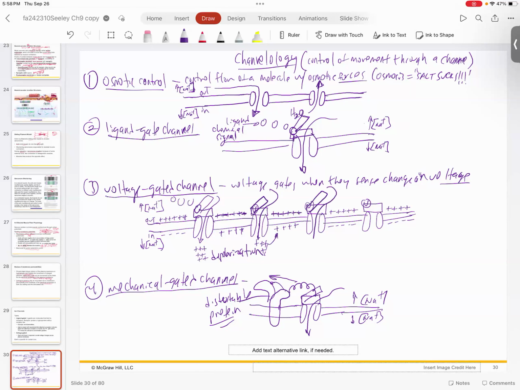In rushes, again, your sodium, and you have a positive charge inrush. That's going to flip the adjacent membrane, depolarizing the adjacent membrane, causing a voltage to trip the next gate, and so on and so forth until you get this domino-like effect of depolarization.